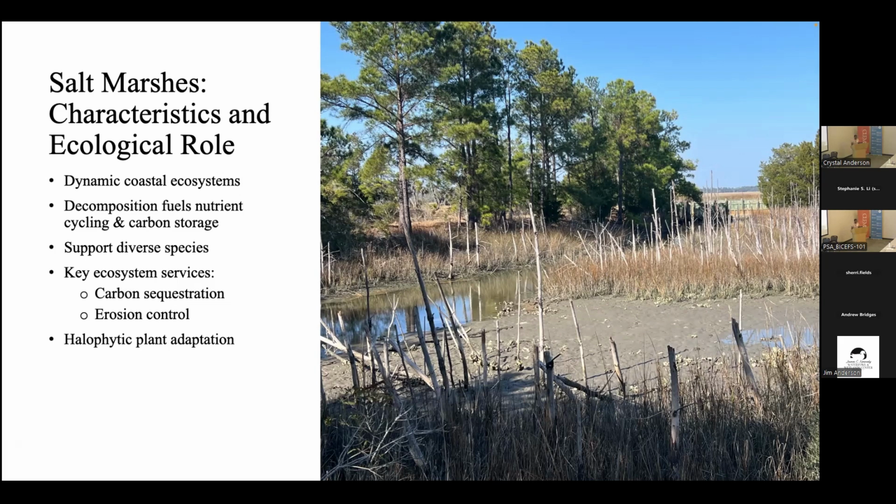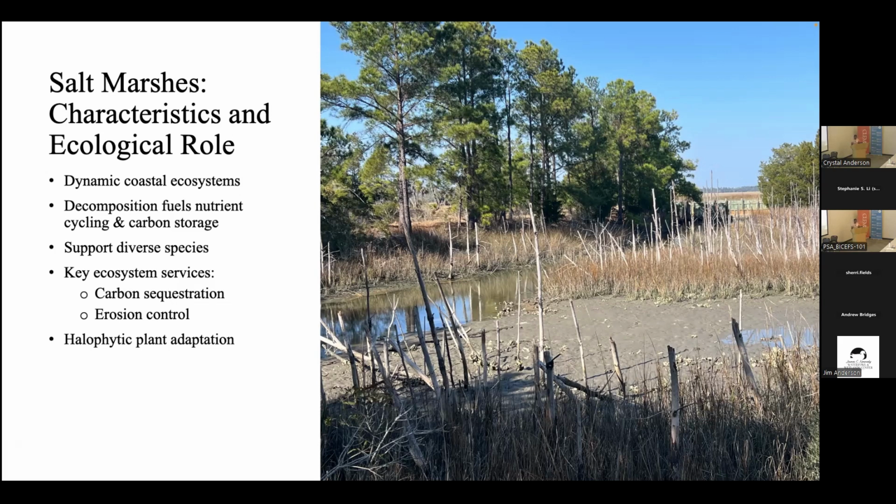One of the most important processes here is organic matter decomposition, which fuels the nutrient cycle and stores carbon, making salt marsh vulnerable to natural climate changes. They also provide ecosystem services like carbon sequestration, capturing and storing atmospheric CO2, and erosion control, stabilizing shorelines with dense vegetation.